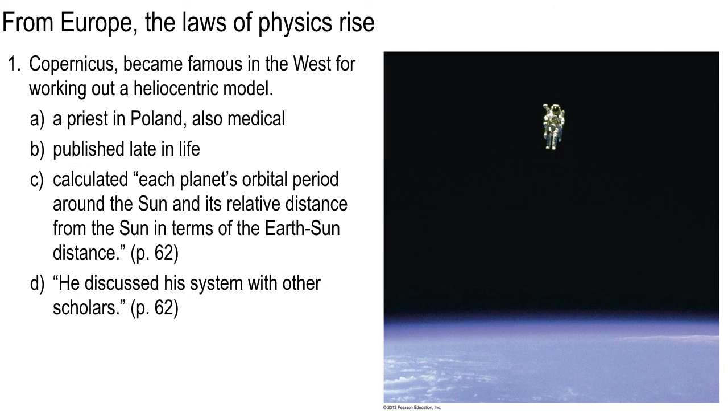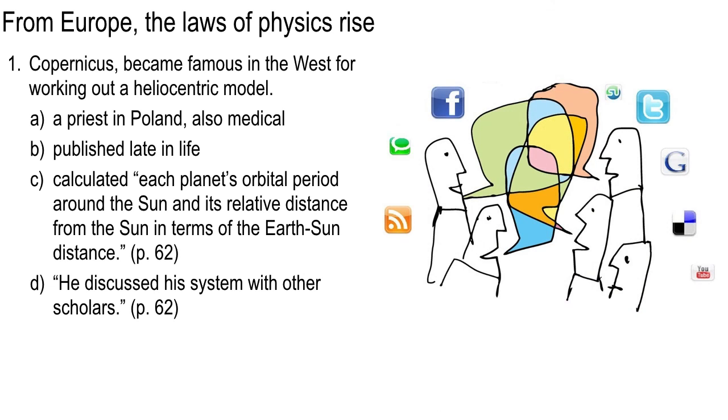Another interesting thing was that he discussed his system with other scholars, and that is also a huge characteristic of science as we know it today. The whole idea of knowing something in the scientific way and establishing it as a fact depends on its scientific objectivity.